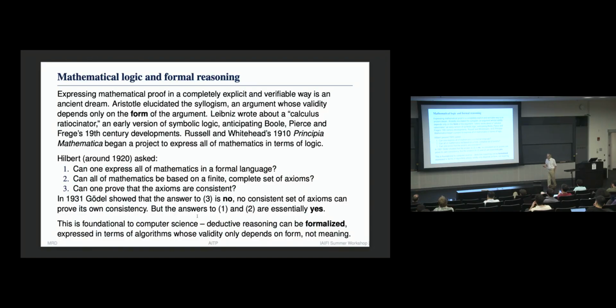And around the year 1900, it became realized that you could express the core, the essence of mathematical truth and proof in terms of precise statements, mathematical logic, and not just precise, but something where you could check an argument just by looking at its form. So a syllogism, according to Aristotle, is something where if you accept the premises, you must accept the conclusion because the argument has the right form. And then one could elaborate that into this whole system of mathematical logic.